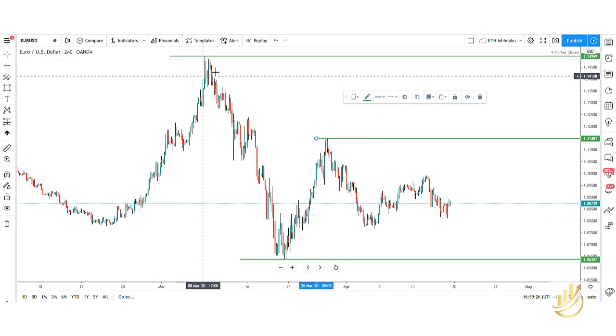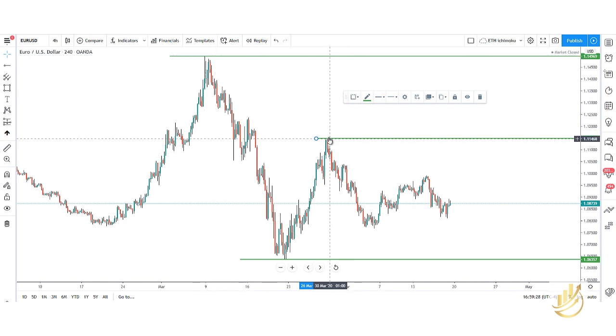So this was the peak, then this was another. You can say lower highs, and if you see higher lows, there is some contraction of price here. We need to look very carefully at what price is trying to do.